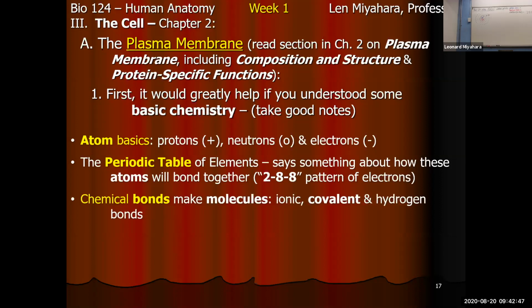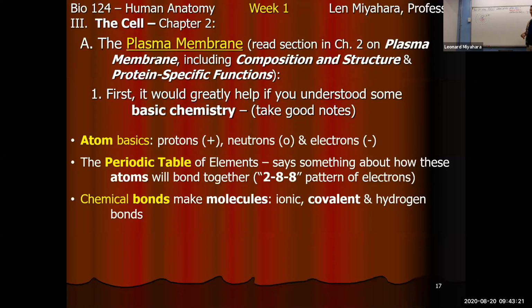This is basic chemistry. Now there are 3 types of basic chemical bonds that put atoms together to form a molecule. The one that is highlighted there, or emboldened rather, is covalent bonds. Covalent bonds means electron sharing, okay? Table salt is an example of ionic bonds, where sodium and chloride, one has a full positive charge, one has a full negative charge, and opposites attract.